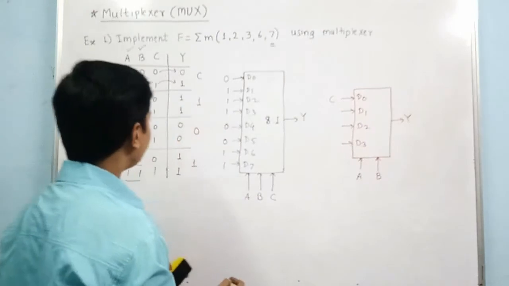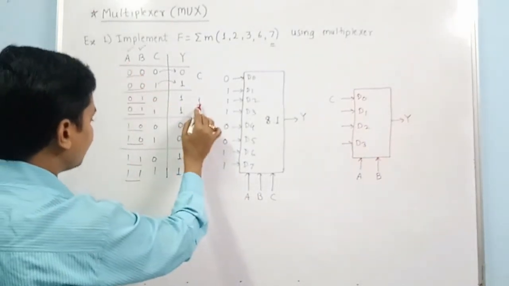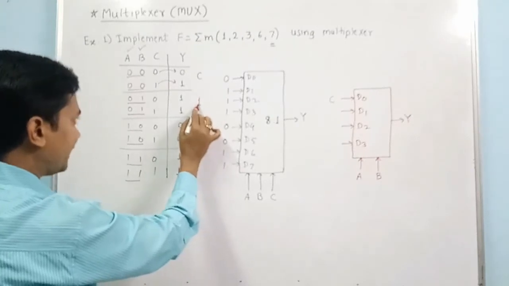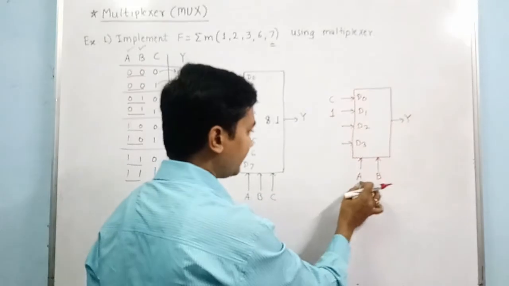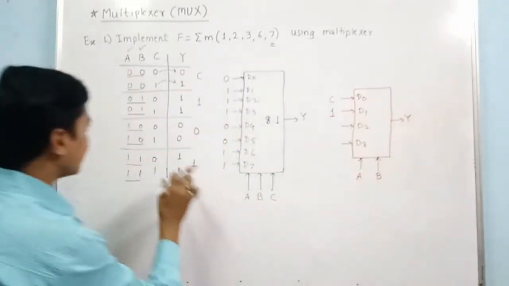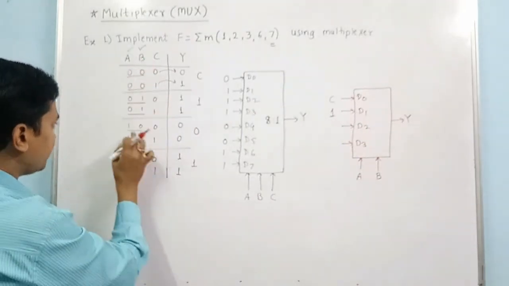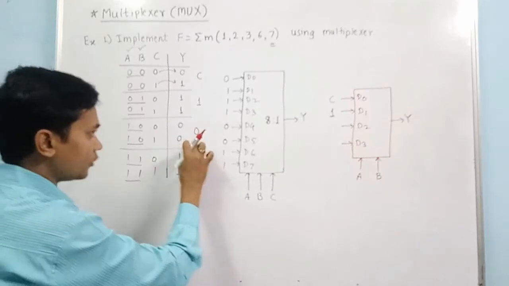Okay, then for 0 1 combination of AB variables, output is compulsorily 1. It is not dependent on the C state. So I will write here 1. Okay, so when AB equal to 0 1, the 1 will be transmitted at the output. Then for AB combination is equal to 1 0, irrespective of C value, the output is 0.